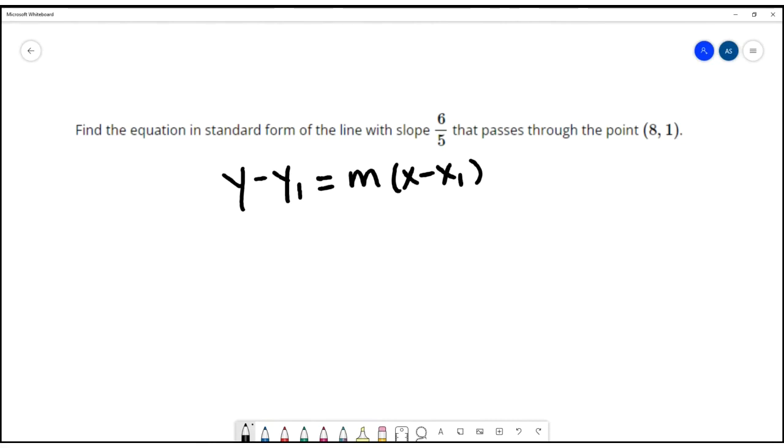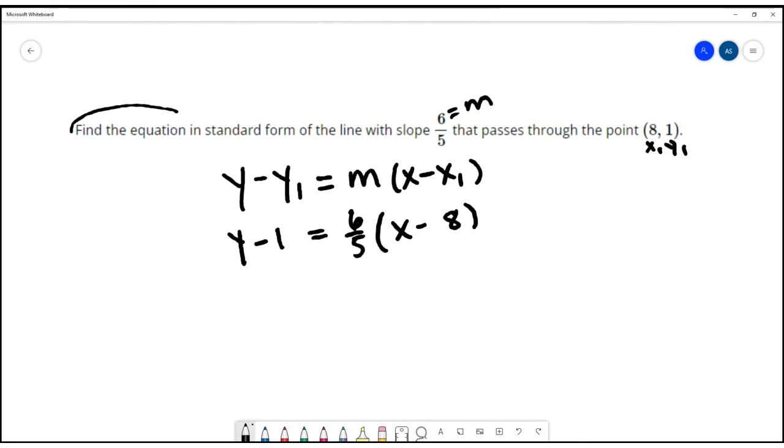And we use the point as x1 and y1 and the slope as m. This gives y minus 1 equals 6/5 times (x minus 8). And we have the equation of the line, but the equation right now is in point slope form. We want to write it in standard form.